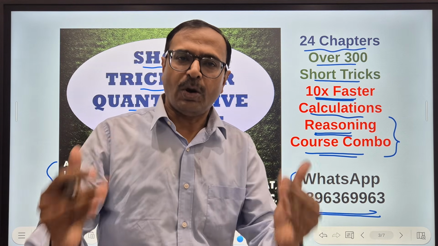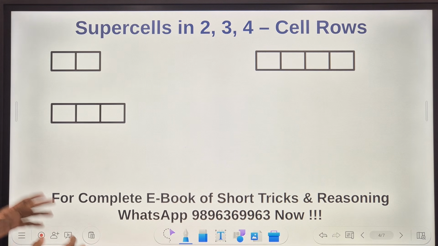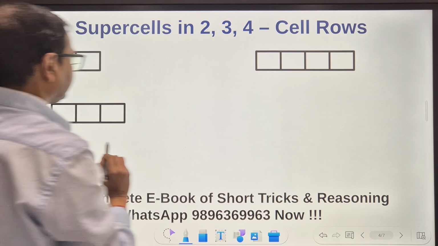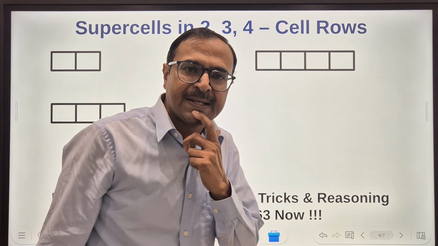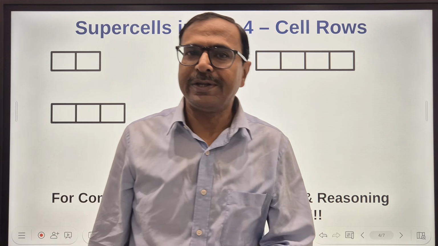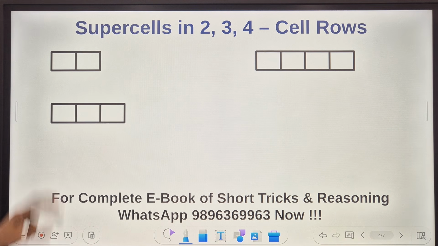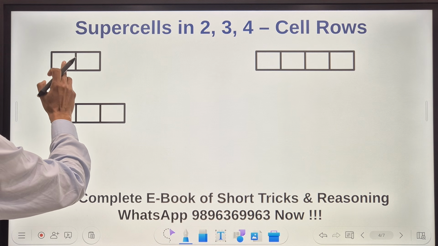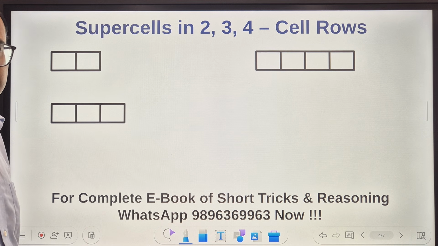So now let's see what we have in a 2-cell row. Here we have a 2-cell row. We need to understand that in a 2-cell row there will only be 2 numbers, and whenever there are only 2 numbers, there will be only one supercell because one of them will be greater than the other.